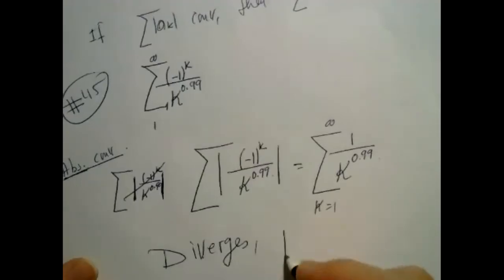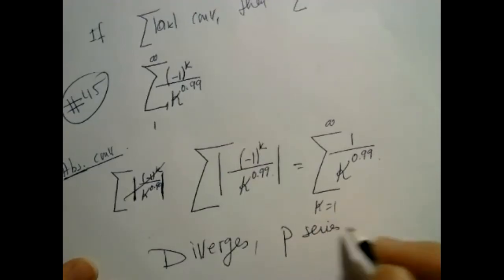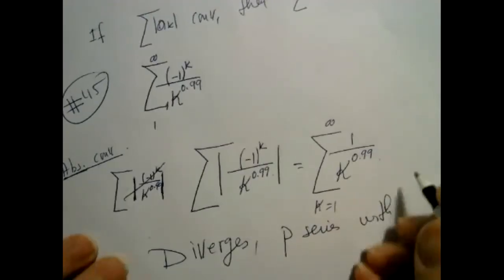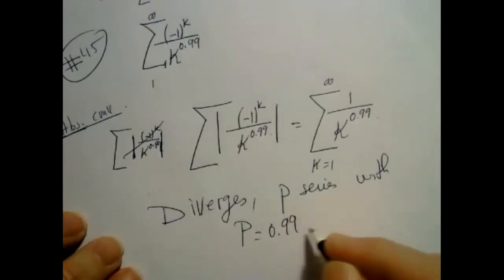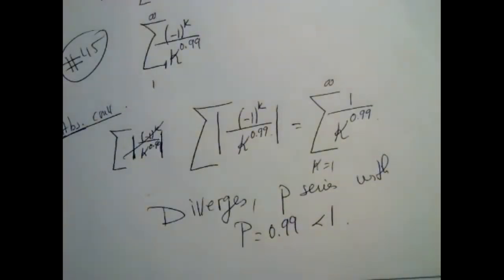Okay, that's a p-series with p equal 0.99, which is less than 1. So it immediately diverges. If we add those terms, we're going to go all the way to infinity. So it's not absolutely convergent.